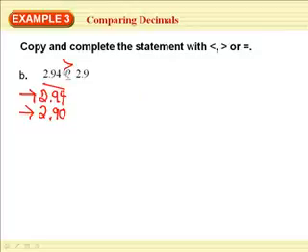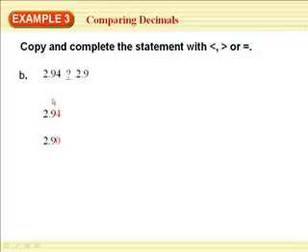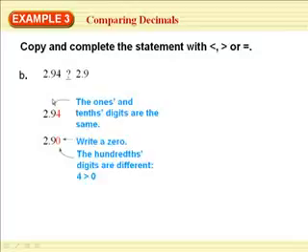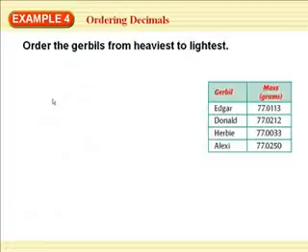So 2 and 94 hundredths is bigger than 2 and 9 tenths, looking at it like money. And if you compare the way they did, they're the same, they're the same. 4 is bigger than 0, so therefore that number is bigger. And there they are in red, showing that it's bigger, so therefore it's greater than.